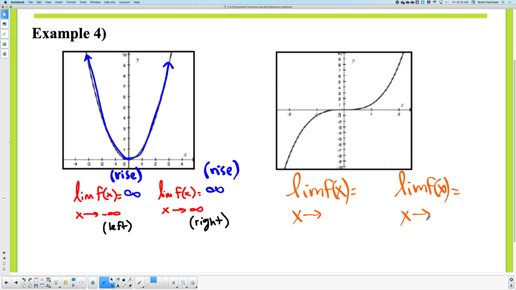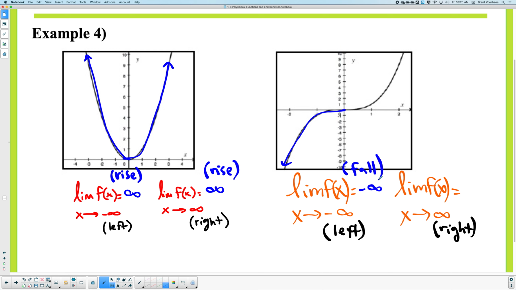All right, what happens as we move along this function to the left? Does this graph rise, fall, or appear to be getting constant? It falls. So what symbol represents falling on the y's? Negative infinity. You put negative infinity because this graph falls. Okay, what happens as you go to the right?